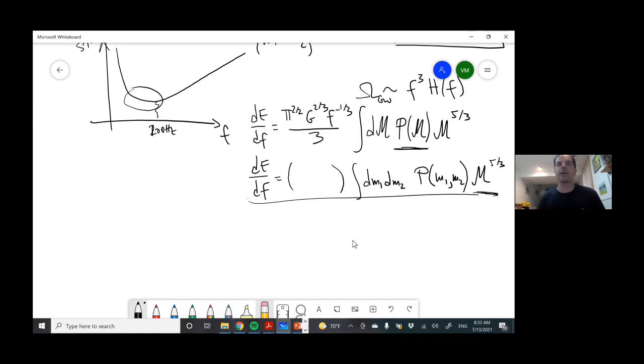Having said that, there are ways in which you can improve the sensitivity to searches for this type of background to exactly account for the fact that the background is not there all the time, so that there is some duty cycle, and to account for the fact that you actually know what the signal looks like.